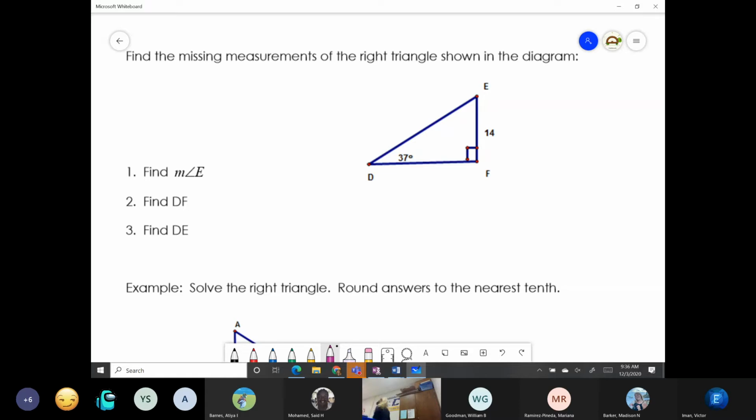So the first question we're going to want to do is they're going to ask me to find the missing angle. So in this case, I don't need to use inverse to find my missing angle because I already know that this angle is 37. I know that this angle is my right angle, which means it's 90. So to find that missing angle E, I'm just going to go ahead and subtract from 180.